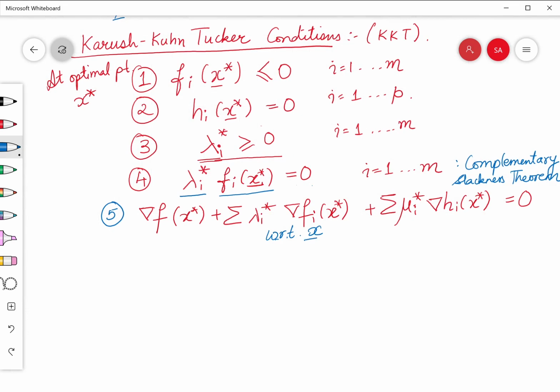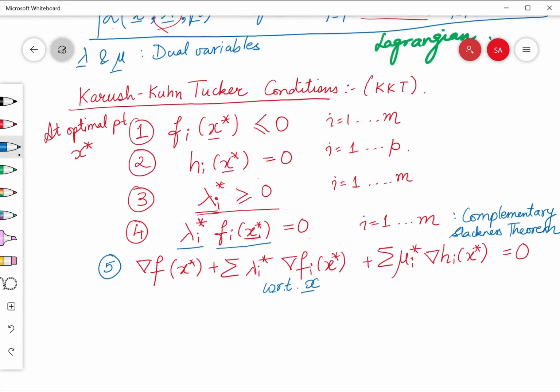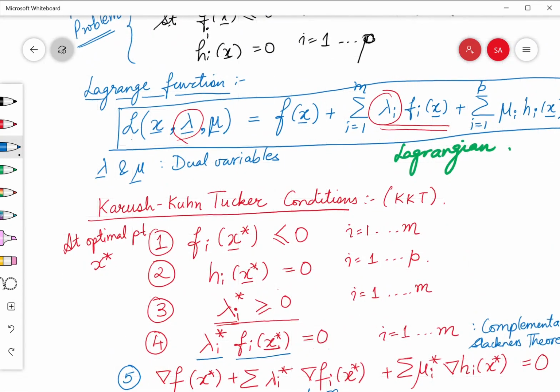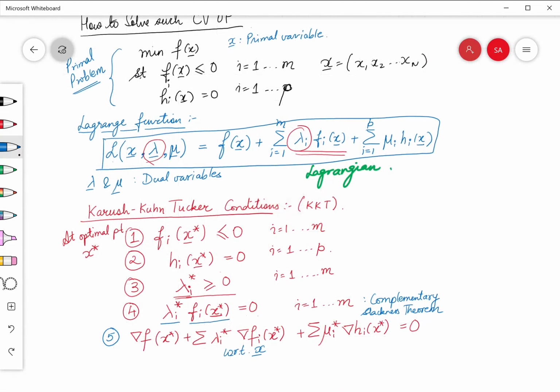So this sums up how to solve a convex optimization problem. Let me revise it once more. A convex optimization problem is one where f of x and fi of x are convex, and hi of x is a linear function.